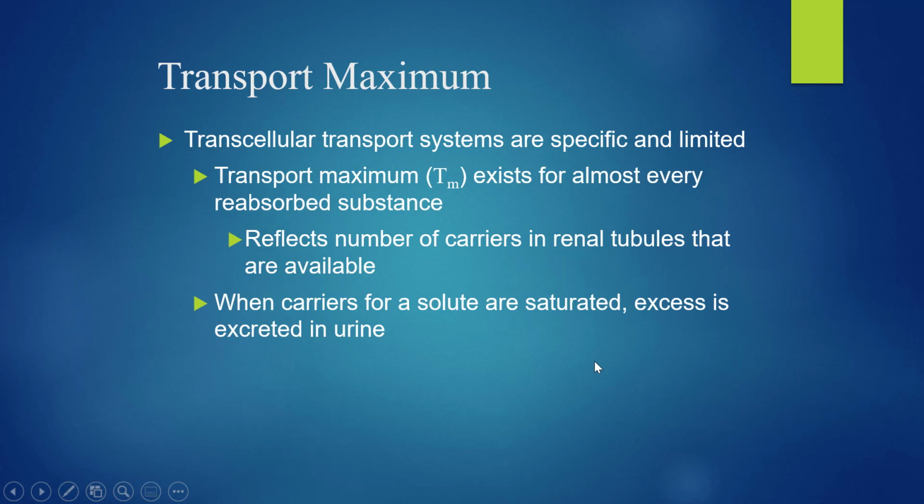This is the reason why people who have diabetes would have a lot of sugar in the blood, and the carriers for the reabsorption of sugar would only be an X amount. Then some of the sugar that has already been part of the filtrate cannot be reabsorbed back, and therefore there's now some sugar left in the urine, and that's going to be excreted in the urine.